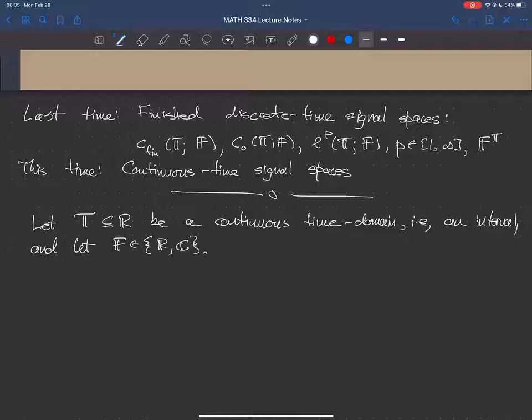Okay, so that's the setup. So I have a continuous time domain, and I want to talk about F valued signals on that time domain. Okay, and so a continuous time domain, of course, is just an interval.